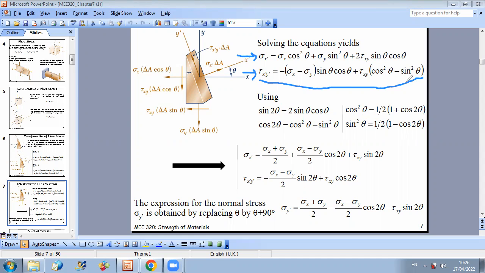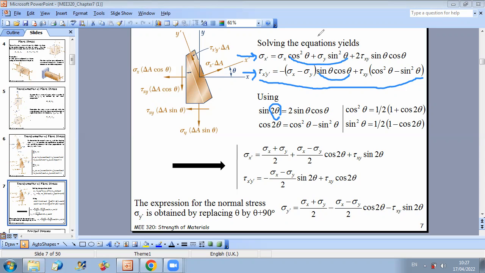Now, we will try to get simpler relations. And here you have cosine square, you have sine square, you have the product of sine and cosine. So we'll try to use the trigonometrical rules in order to simplify our equations. The idea is we will try to implement the angle 2 theta, because we have trigonometrical relations between the product of sine cosine, between cosine square and sine square, and the double of angle theta.